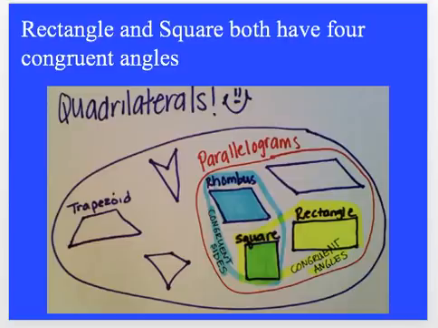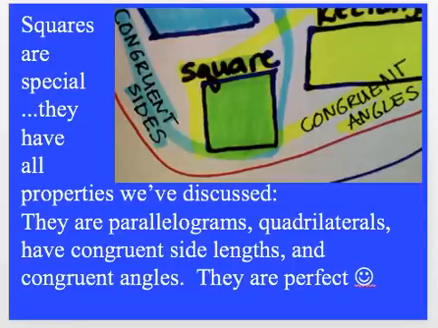Rectangles have all right angles, or all congruent angles, and squares have all congruent angles too. So these are all going to be congruent as well. And finally, that means that the most specific shape you can possibly have is a square. Squares have all the properties. They have congruent sides, they have congruent angles, and they also have opposite sides that are parallel.